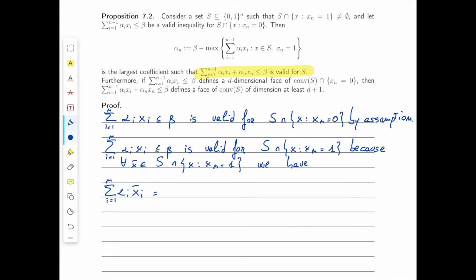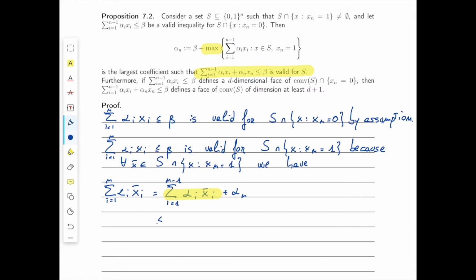So let's break this down into the first n minus 1 components and the very last one. So this is the sum for i equal 1 until n minus 1 of alpha i x bar i plus alpha n times x bar n, which is equal to 1. Now we can upper bound this sum by the max in the definition of alpha n.